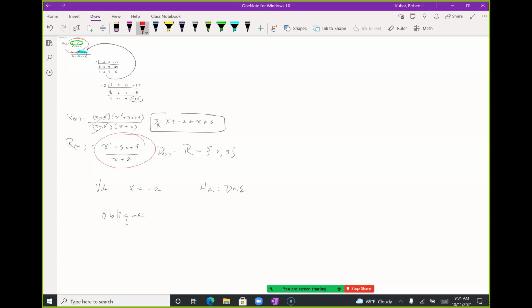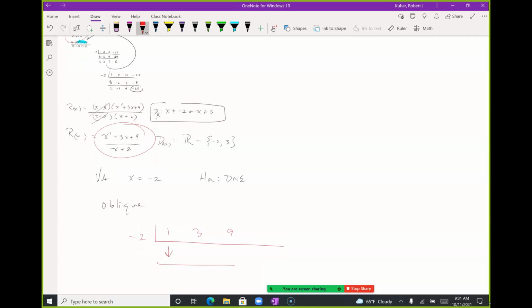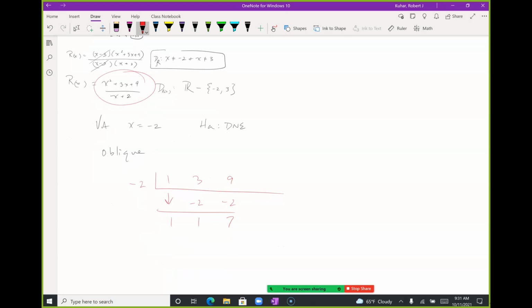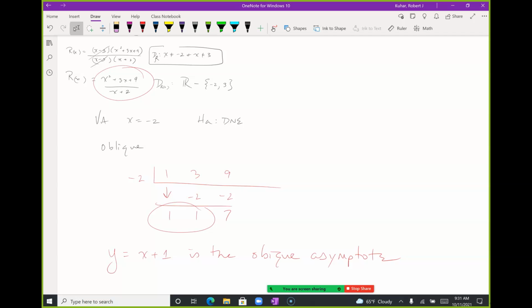Okay. So my oblique is going to come from synthetic dividing -2 into 1, 3, and 9. And I get 1, I get -2, I get 1, I get 7. I get an x plus 1. So y equals x plus 1 is the oblique. So the only thing left to find out about is what happens at x equals 3.